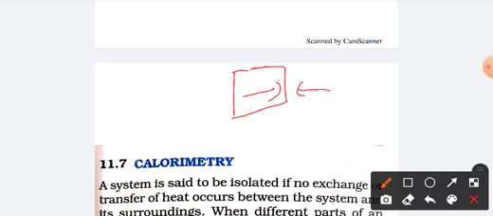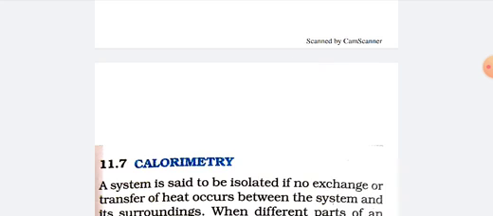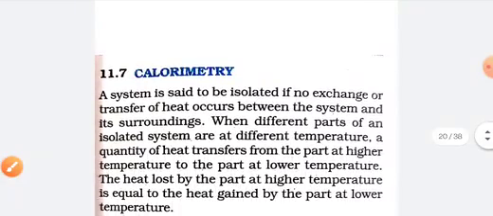That means transfer of heat is not possible. No exchange or transfer of heat occurs between the system and the surrounding. That means heat can't be transferred from this system. Then this type of system is called an isolated system.